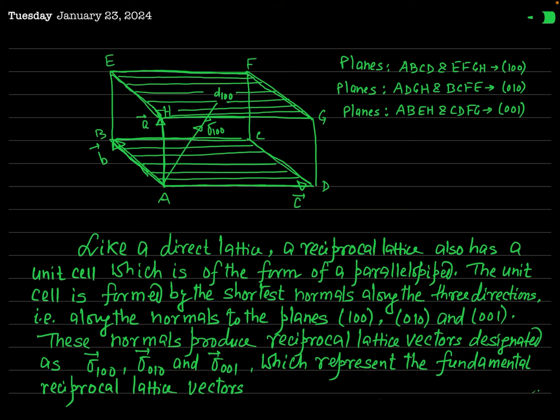You can see that the planes ABCD and EFGH are parallel to the primitive translation vectors B and C. So for these, the Miller index will be 0. But A does not intersect it.